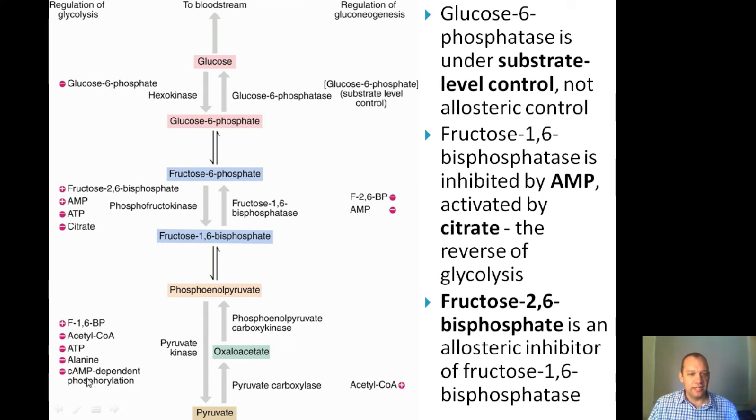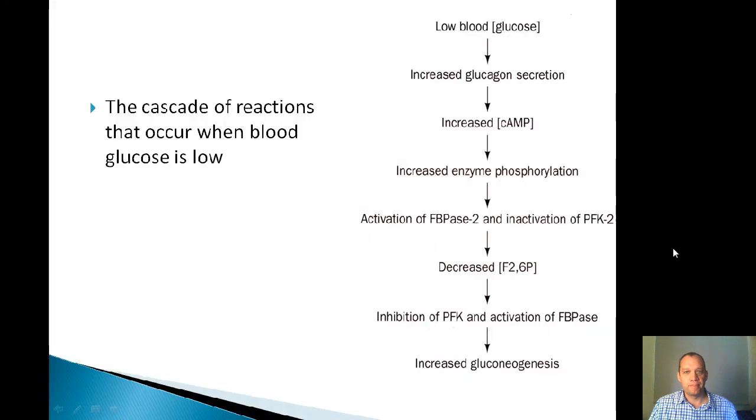It is inhibited by high concentrations of alanine, ADP, and acetyl coenzyme A. Conversely, which is again a type of reciprocal control, the kinase is inhibited by acetyl coenzyme A, and one of the bypass reactions of gluconeogenesis, catalyzed by pyruvate carboxylase, is actually activated by acetyl coenzyme A.